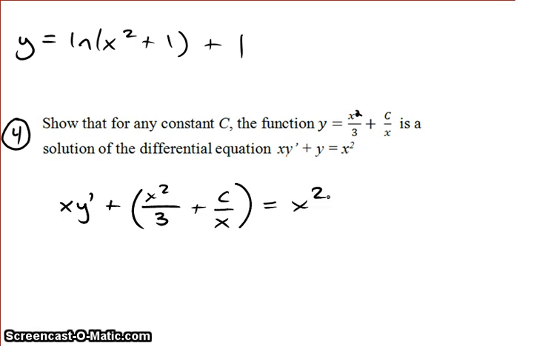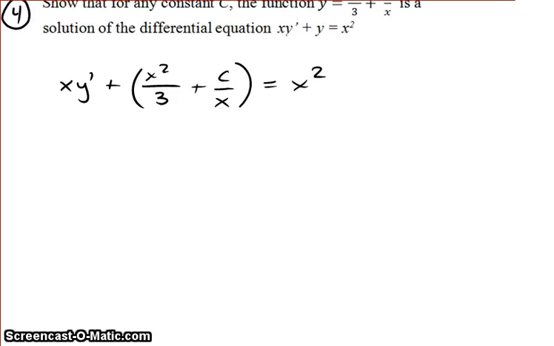So all I've done so far is replace y with the equation for y, which is right there. Now, the other thing I need to do is replace y prime. I have to get rid of that. In order to replace it, I need to define the derivative of y. Y was given to me.